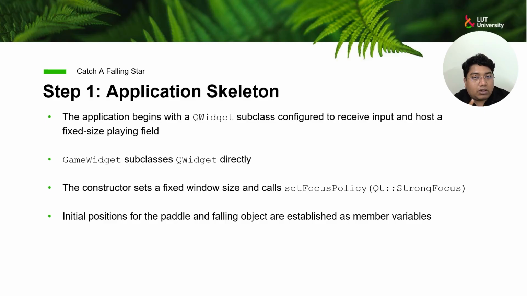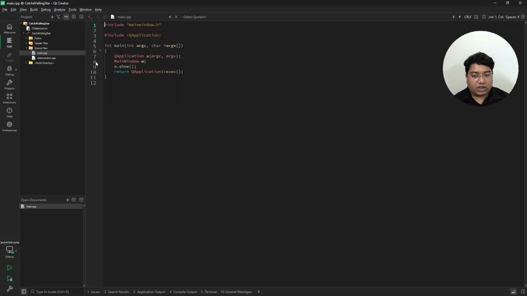So for example, maybe the horizontal and vertical position of the star, then the horizontal position of the paddle, and then the player score, then the number of misses. At this moment, these are just variables that are going through my head, but as we go, we will declare variables as we need. Okay, now we will begin with the header file.